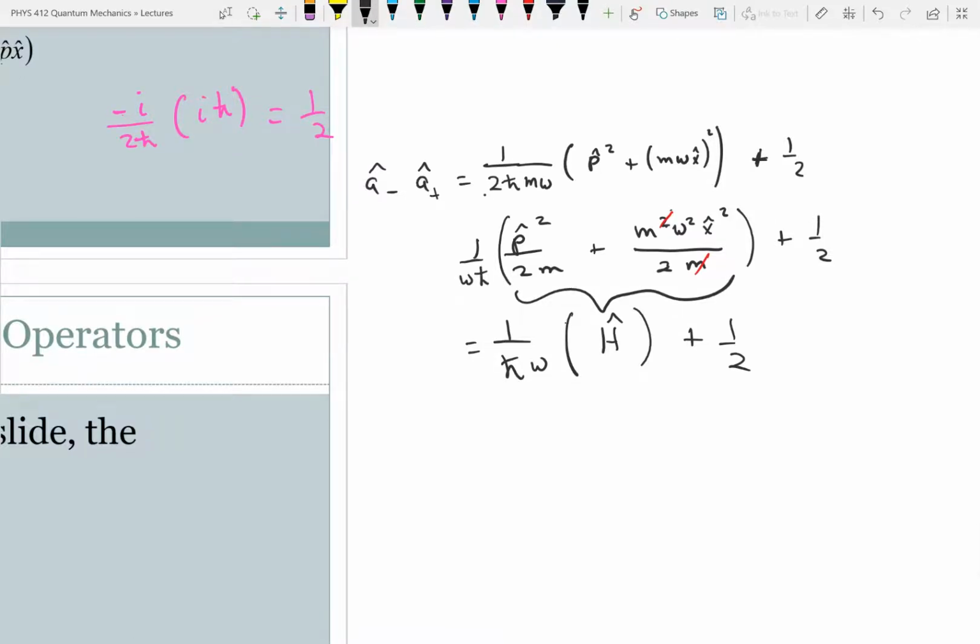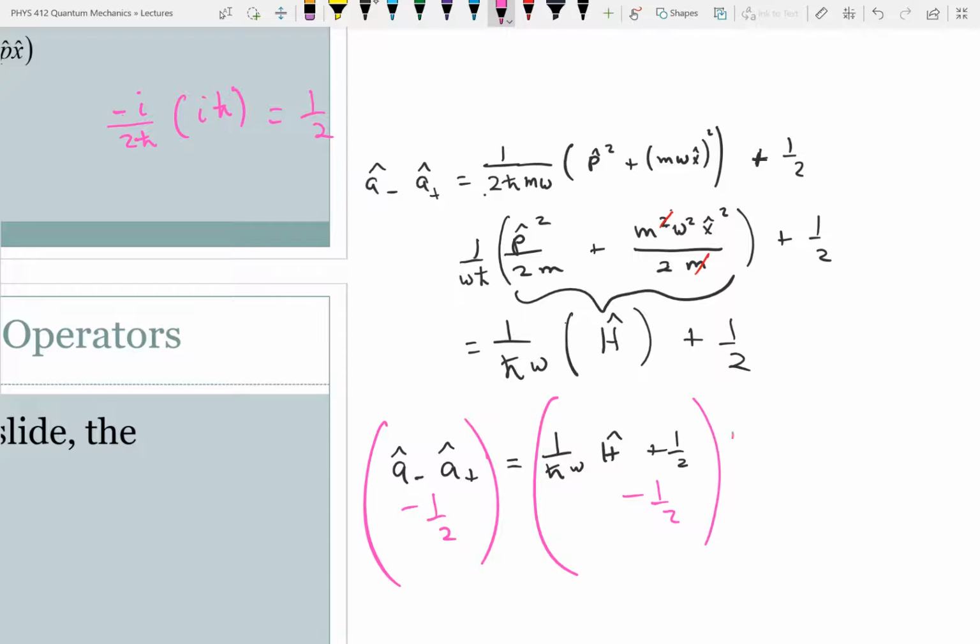Well, now that we found this, we just solve for the Hamiltonian. Any kind of genius says the first thing I'm going to do is subtract 1/2 from both sides and then just multiply everything by H bar omega.